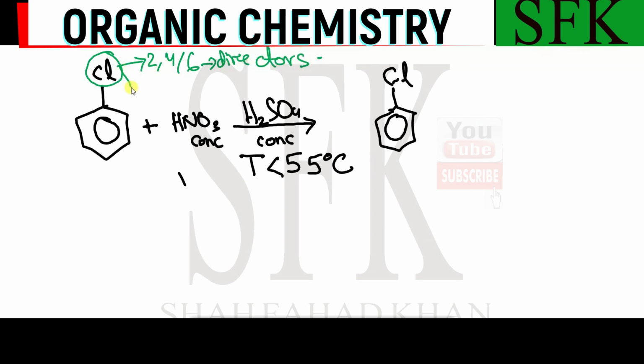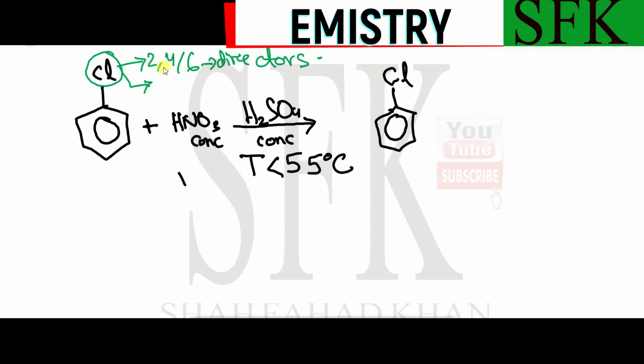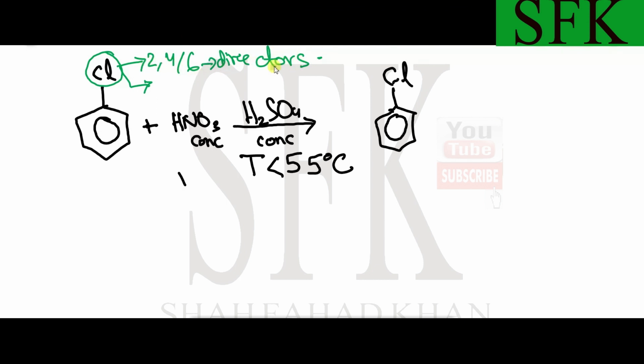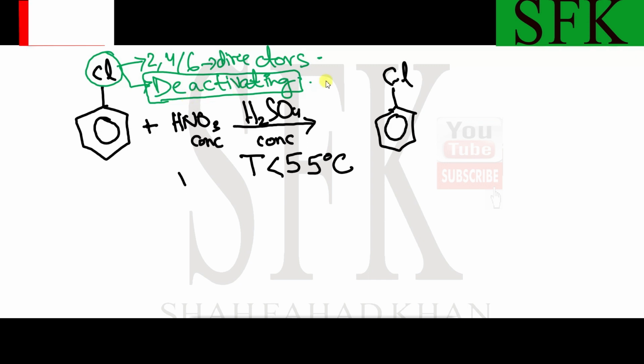We know that all 2, 4, 6 directors are activating groups, but halogens are an exception and they are deactivating groups. Please learn this. It has been asked several times: are halogens activating or deactivating? They are basically deactivating groups.